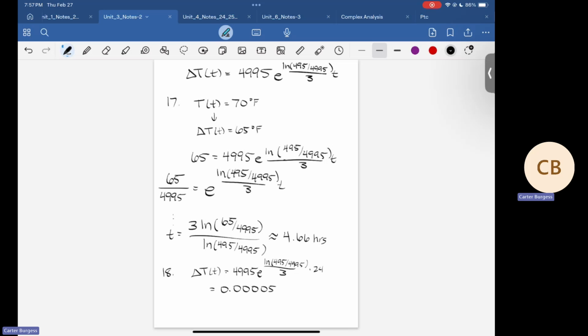Remember, though, that this is our change in temperature. Because we have this positive change in temperature relative to our environmental temperature of 5 degrees, the actual temperature of the object is going to be 5.00005. Very close to environmental temperature.